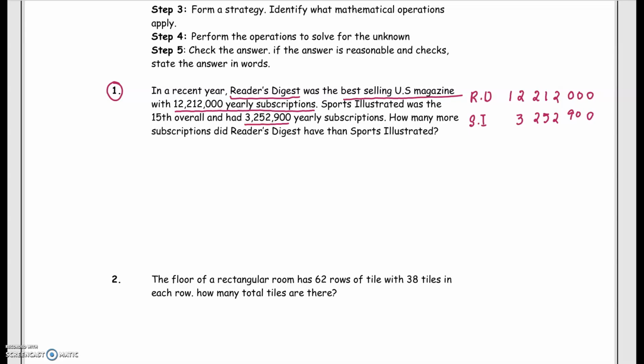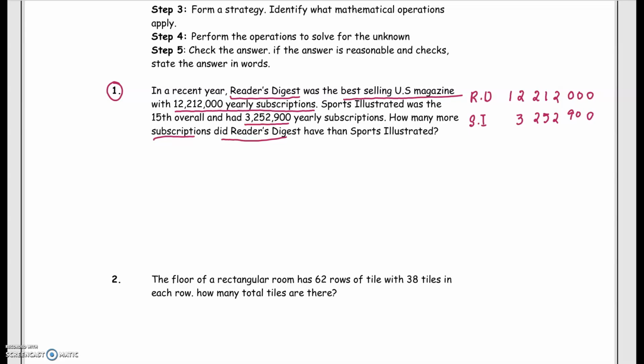How many more subscriptions did Reader's Digest have than Sports Illustrated? Now, clearly, Reader's Digest has a larger number of subscriptions than Sports Illustrated. How many more? Which means, what is the difference between the number of subscriptions of Reader's Digest and Sports Illustrated?